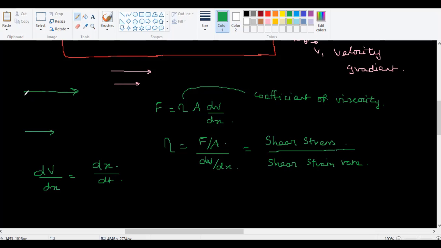As I told you, this is your height x. How much this has moved compared to this, the velocity here and the velocity here, how much more length it has moved. This distance, this difference, is called L. That means this movement is in this direction. This x is different, this L is different. So this is not dx by dt.